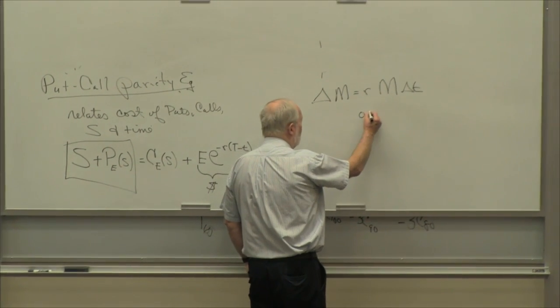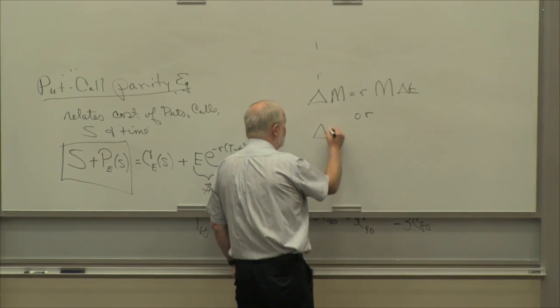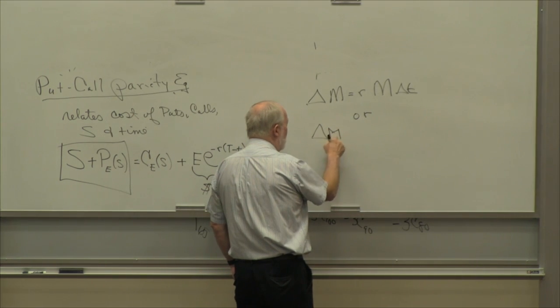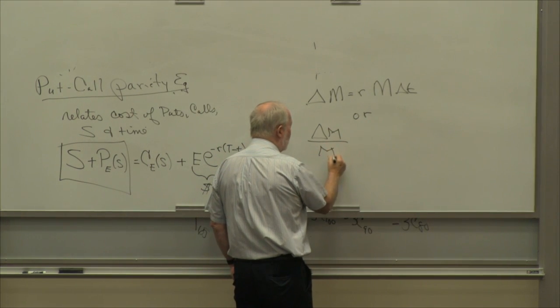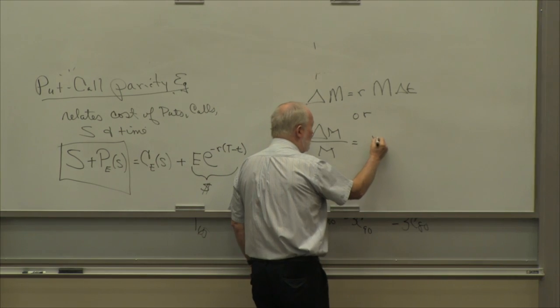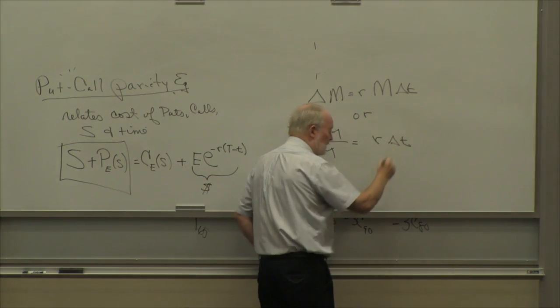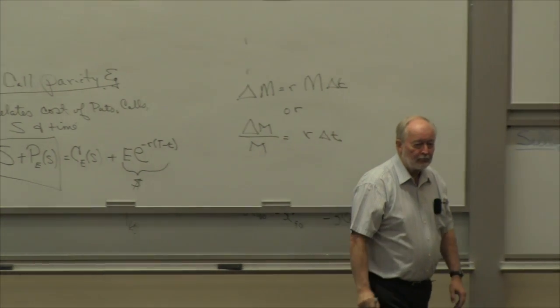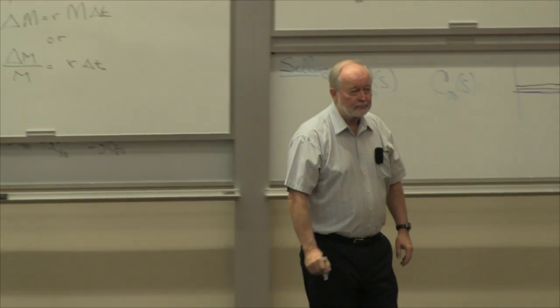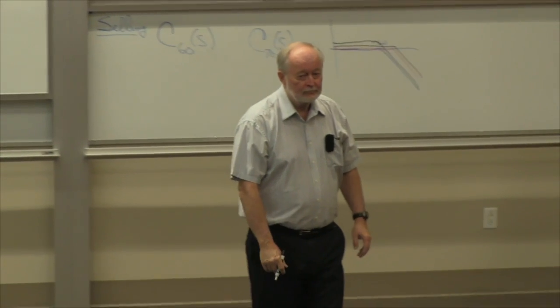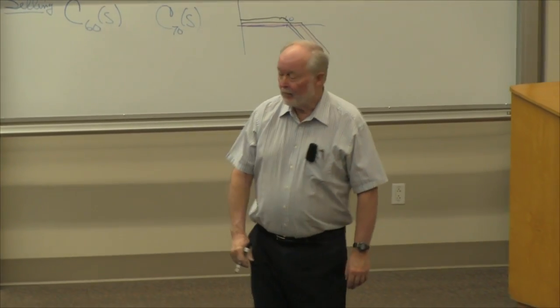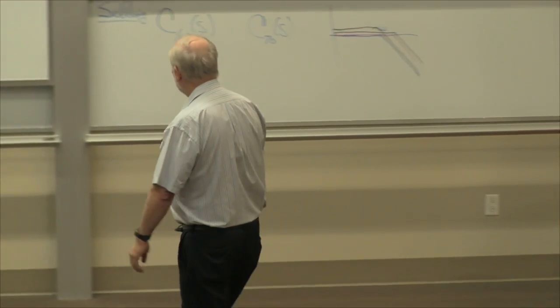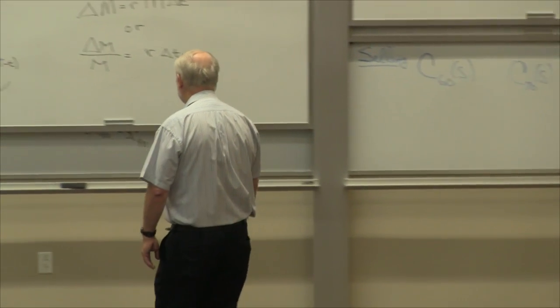Or what this says is that the change in my money over the amount of money I have right here is clearly going to be the interest times the amount of time that's elapsed.